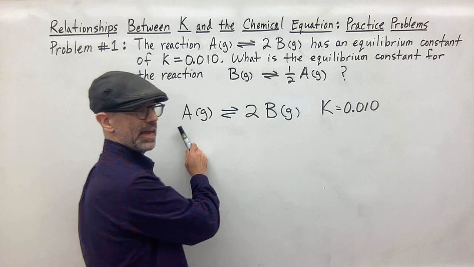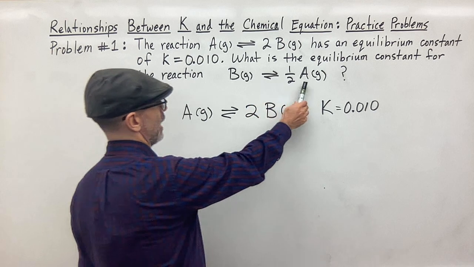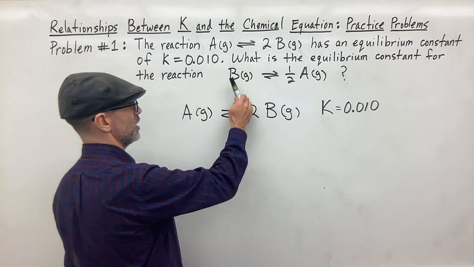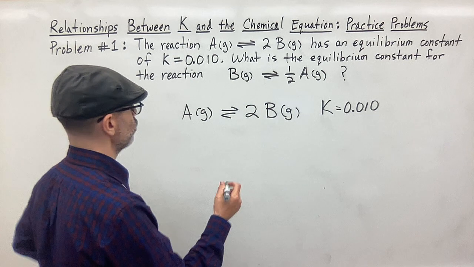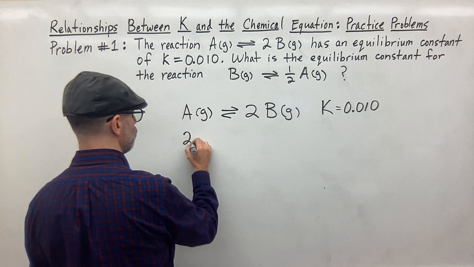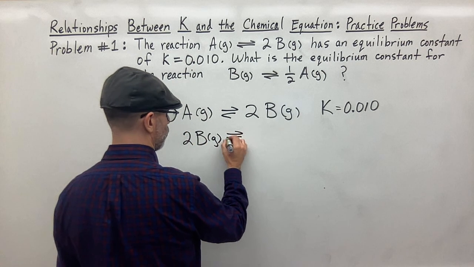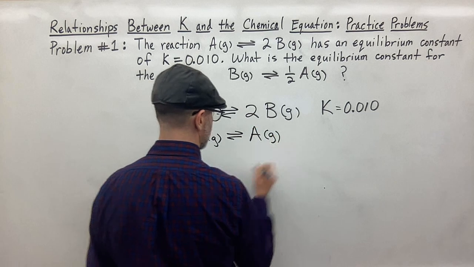Here I have A as a reactant, but here I have A as a product. And here I have B as a product, but here I have B as a reactant. So it's been reversed. Let me reverse this equation. Then I have 2B as a reactant in equilibrium with A as a product.